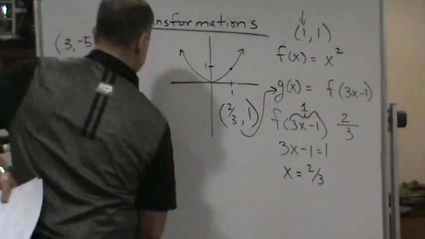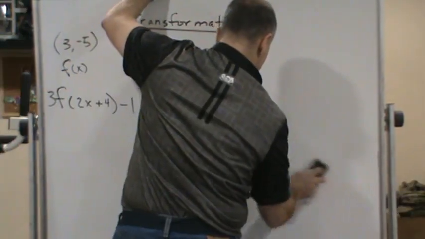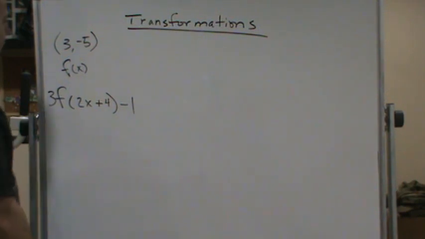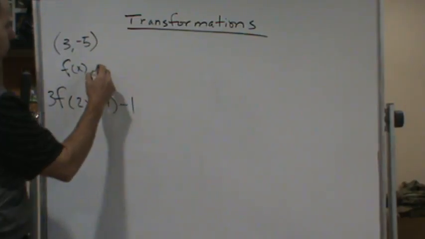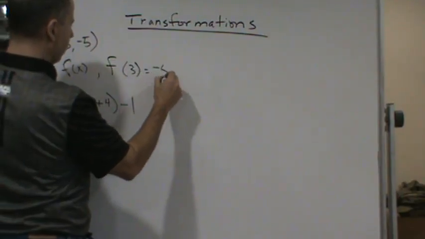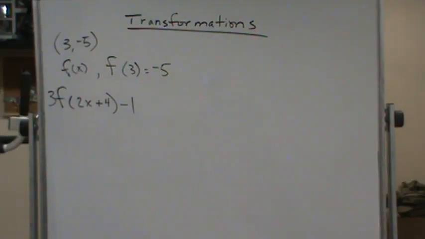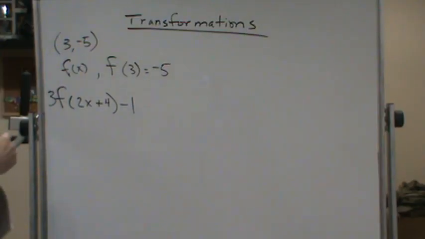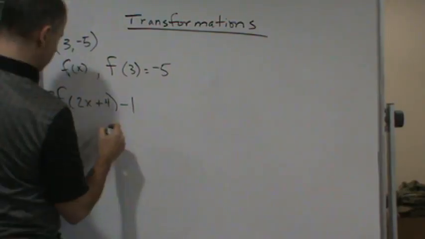That's why it works. Now, let's take an example. Let's say you've got this example on a homework problem, and what we're given is a point, 3, comma -5, and a function f of x. We're told that f of 3 equals -5, so we know that this point is on the graph of f of x. Now, they ask where this point moves to when we have this new function, let's call it g of x.